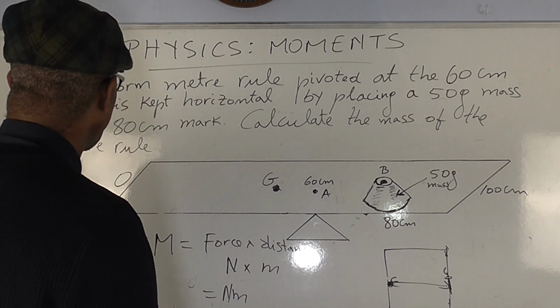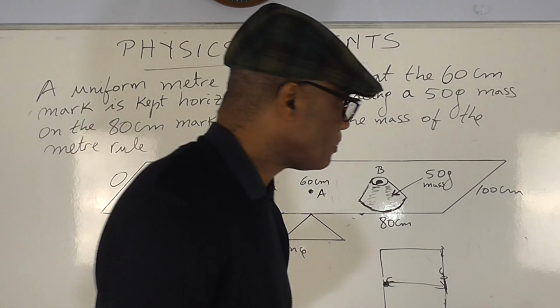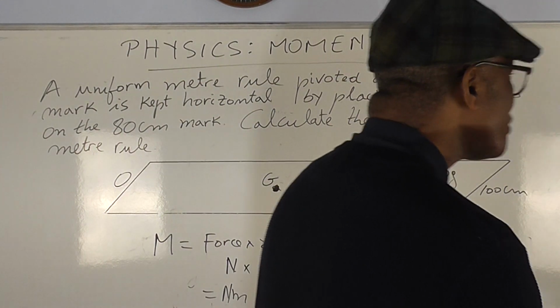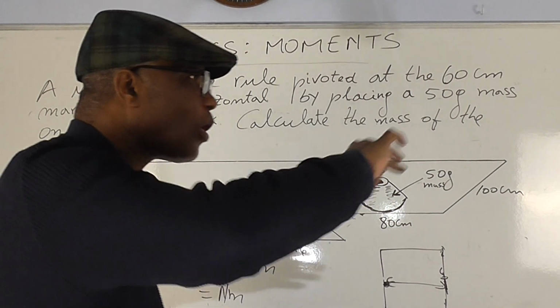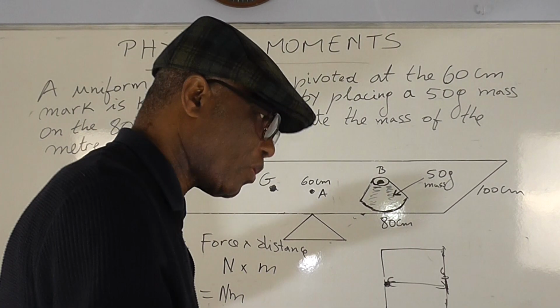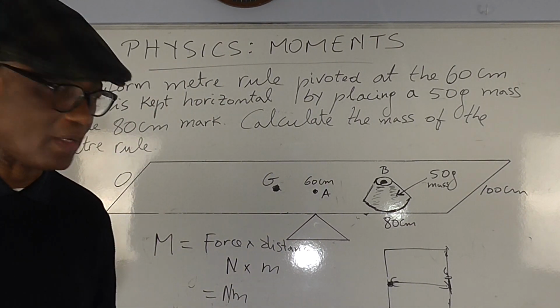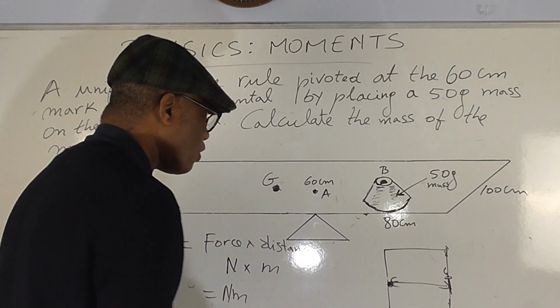Calculate the mass of the meter rule. Okay. So here we need to know the sum of the clockwise moment and the anti-clockwise moment.